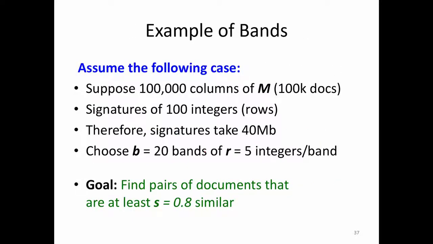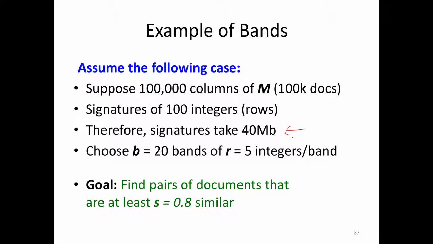Now, just to give you an idea, let's say there are 100,000 documents, and you are using a min hash signature of 100 integers, so a total of 100 rows. This is about 40 megabytes of data. So this is not too much data.